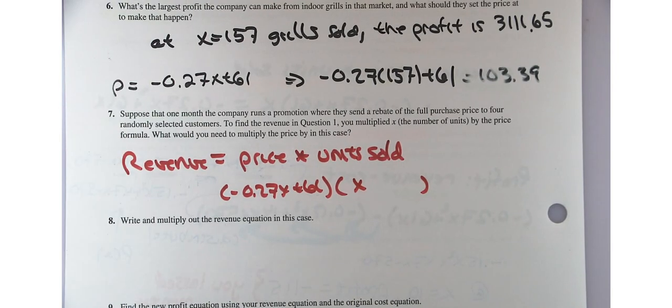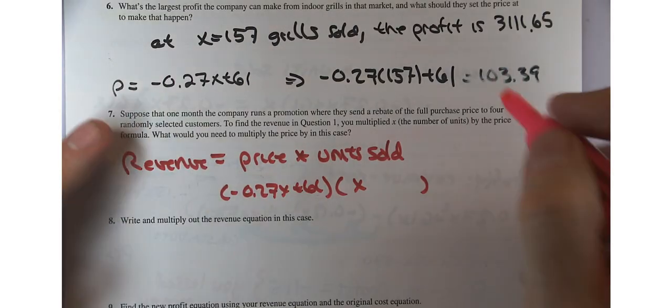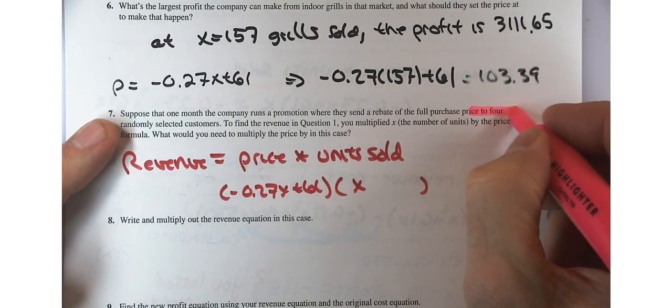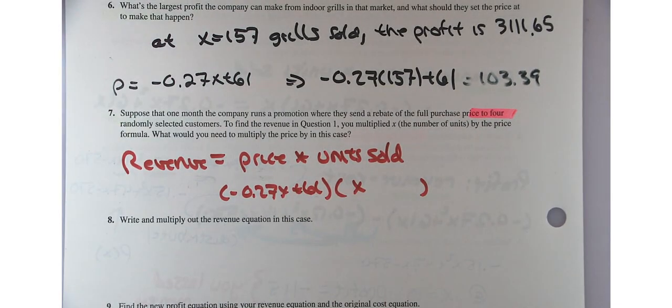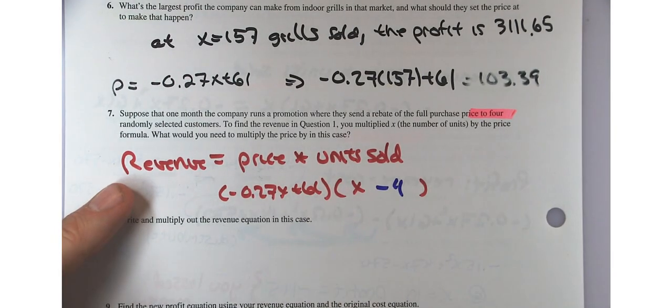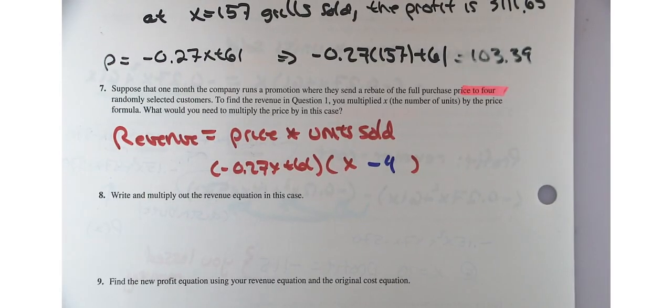But I'm not selling X units anymore. What happens first? You give away 4, right? We're giving away 4. So it's going to be X minus 4 is what I'm going to have here. I'm giving away those 4 units. So now that's my new revenue function.